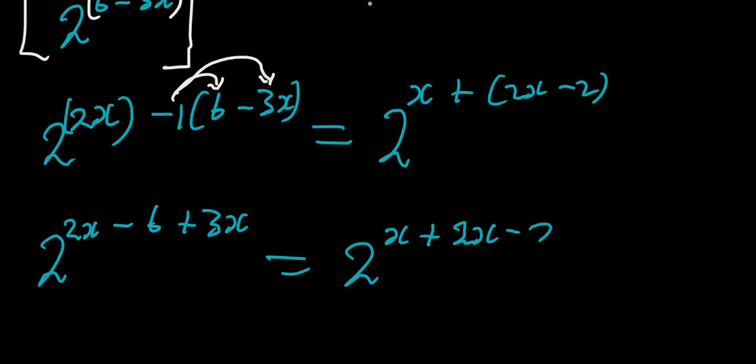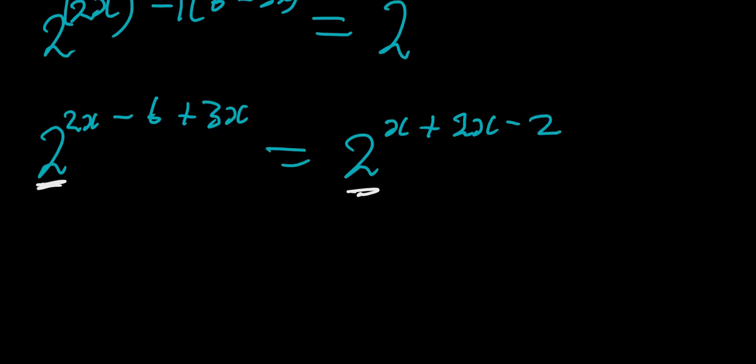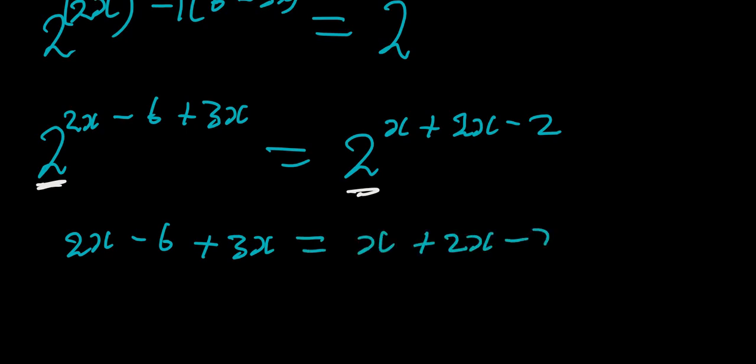So at this point, you have to consider the base. You have the same base on both sides. So all we have to do now is to equate the exponents. So this will become 2x minus 6 plus 3x is equal to x plus 2x minus 2.